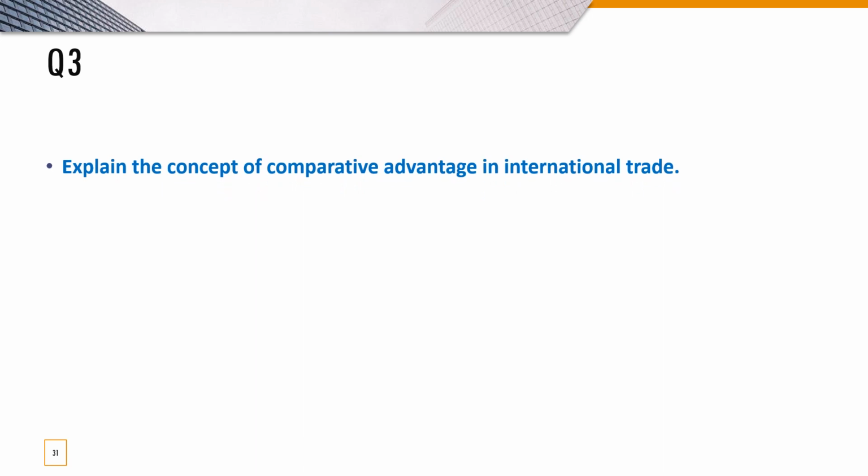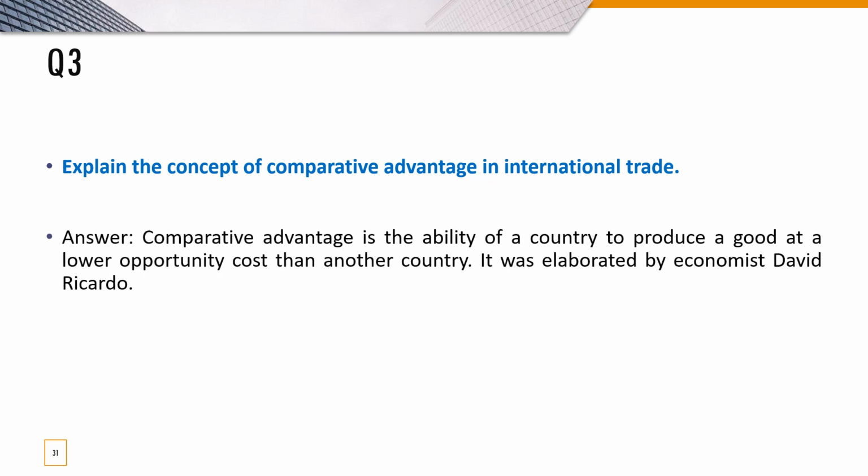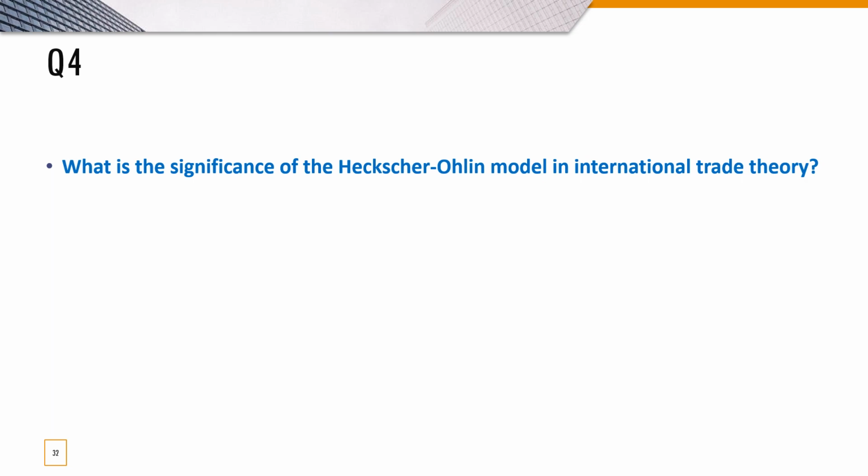Question 3. Explain the concept of comparative advantage in international trade. Comparative advantage is the ability of a country to produce a good at a lower opportunity cost than another country. It was elaborated by economist David Ricardo. Question 4. What is the significance of the Heckscher-Ohlin model in international trade theory?